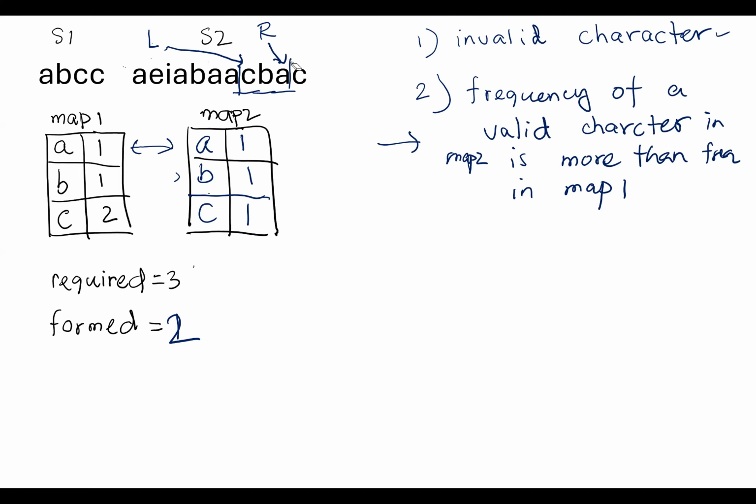Once the window becomes valid, we expand it again, and this time C becomes 2. There is a match, and formed becomes 3, and these two are now equal, so we return true. Okay, so we have found our window, which has a permutation of the characters of S1.